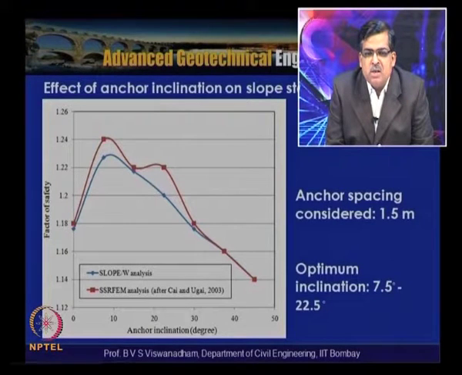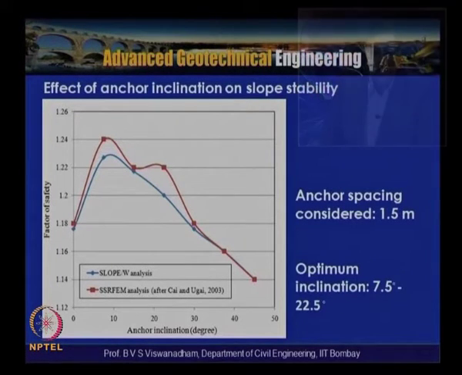But with an increase in the anchor inclination beyond that, there is a decrease in the factor of safety, and a similar trend was also reported by Kai and Ugai. So this leads to instability of the slope.